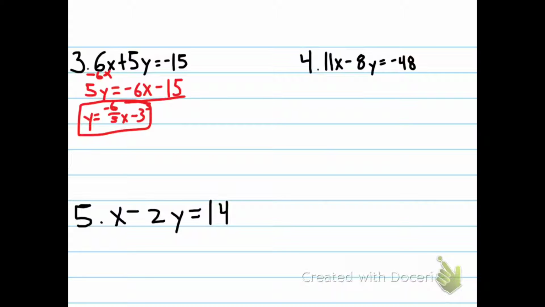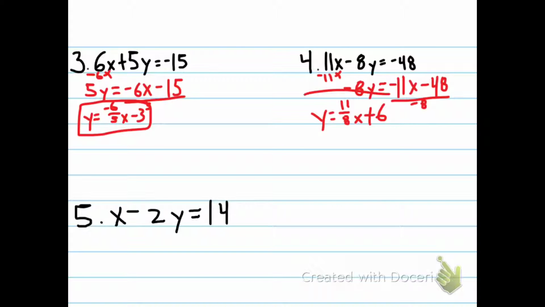So we're going to subtract 11x, and we're left with negative 8y equals negative 11x minus 48. So now we have to divide everything by a negative 8. So y equals positive 11 over 8x plus 6.